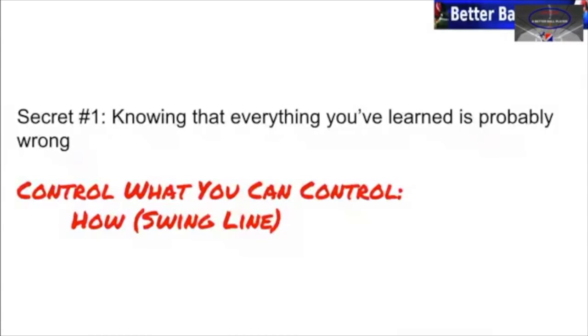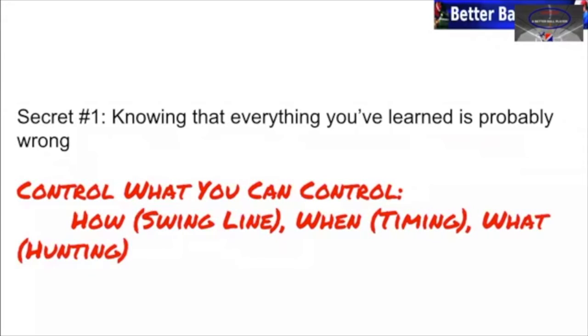You can control what you want that ball shape to look like once you've made it. You can control the line drive, the ground ball, the fly ball. You can control the when of it, by the use of the right now. We talked about that early on, the 3 magic words, load right now.